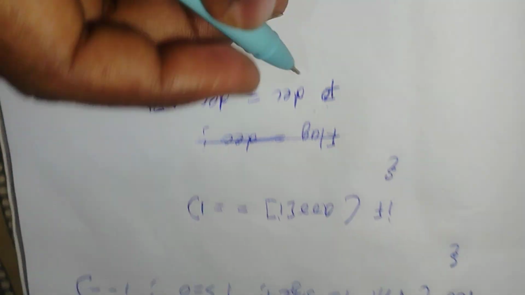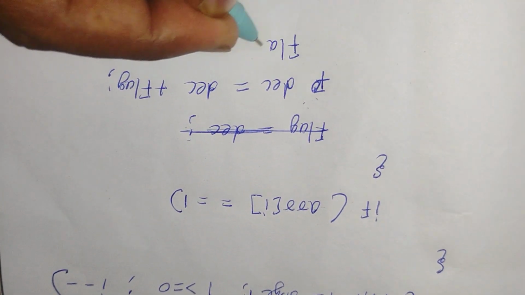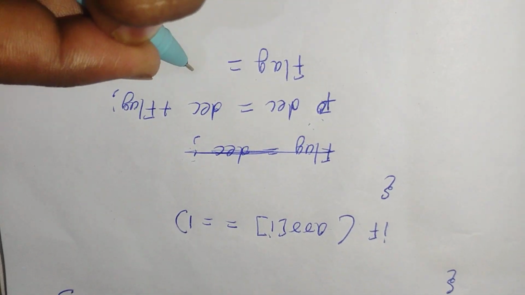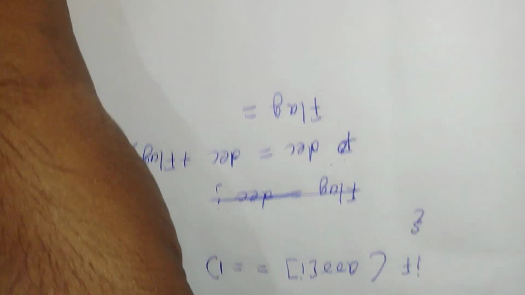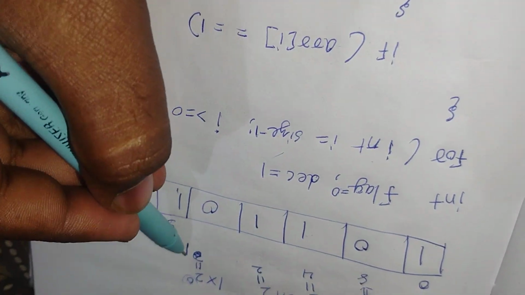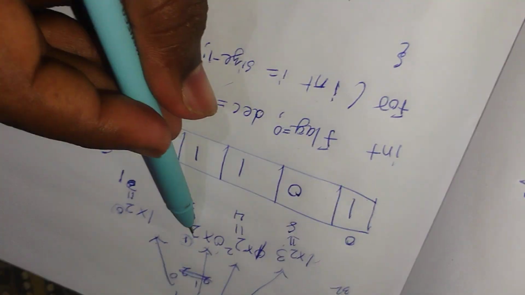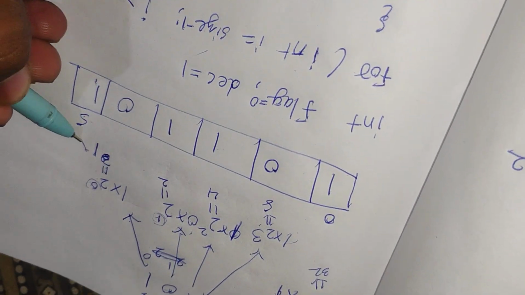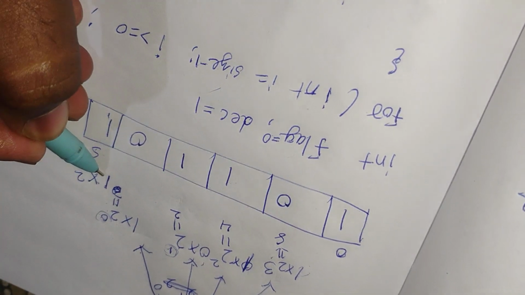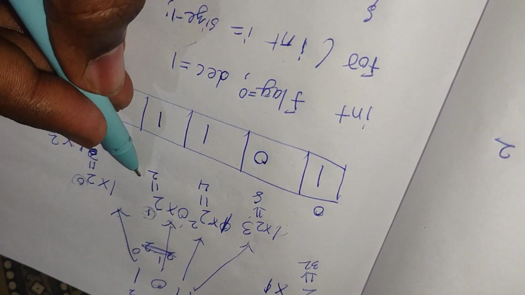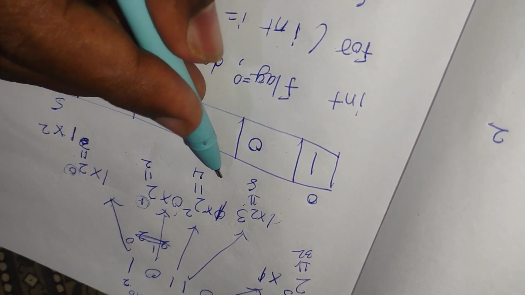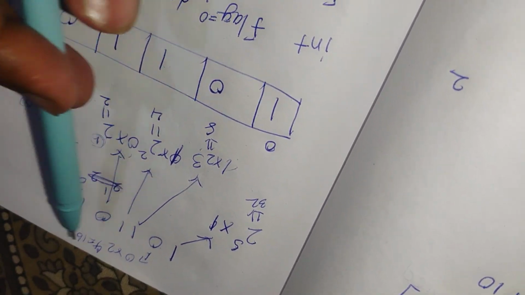And then I need to update the flag value. For the purpose of updating the flag value, here 2 to the power of 0, next 2 to the power of 1, 2. If we multiply again by 2, what will happen? 2 into 2, 4. 4 into 2, 8. 8 into 2, 16.